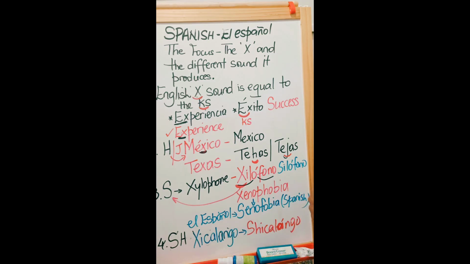But in truth, when you apply the knowledge of what we are going through now, it is the SH sound that you will apply when you see such a word. It would be pronounced Shikalango, and the emphasis is on the second A after the L, with the accent over the A. Shikalango, with that emphasis. This concludes our lesson on the Spanish letter X.